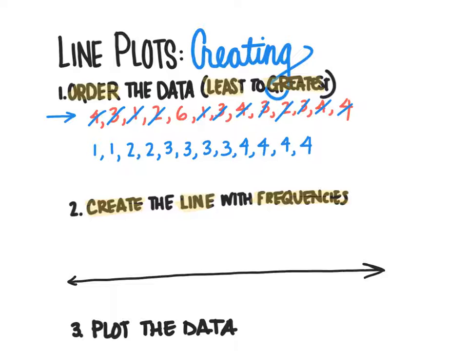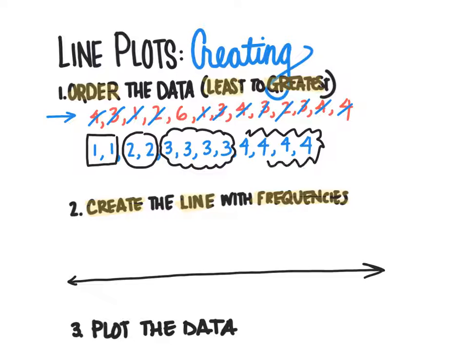And so I'm going to see what my frequencies are. So I literally put a box around all my 1s. So I know I have 1s. I have 2s. I have 3s. And I have 4s.